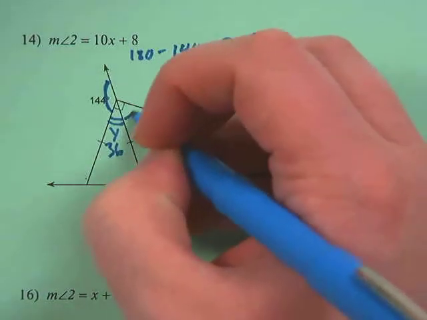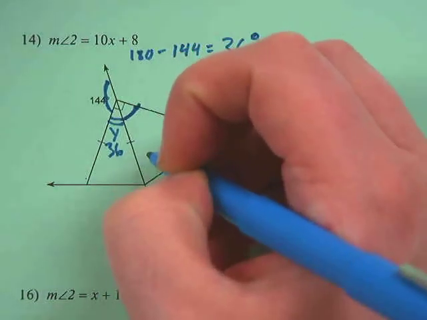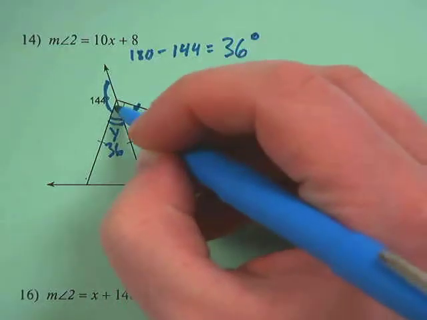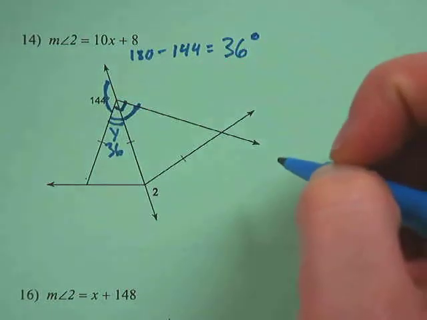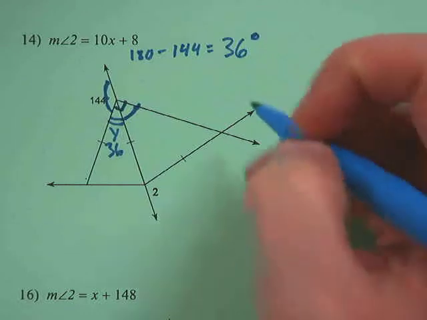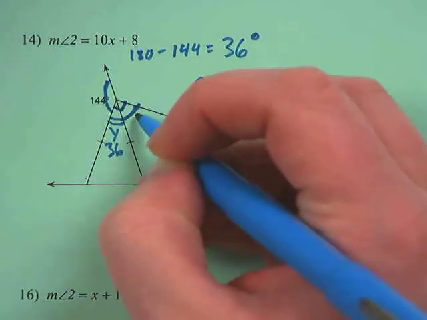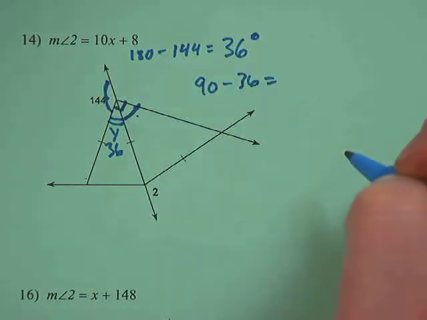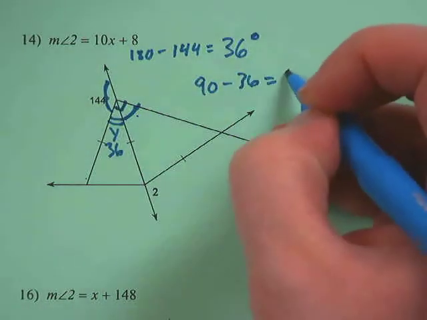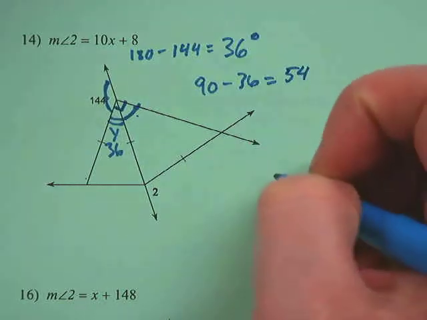So then notice that this angle plus this angle right here, since this is a right angle, are going to add to 90. So 90 minus 36 is going to give us this angle right here. So 90 minus 36 is 54.